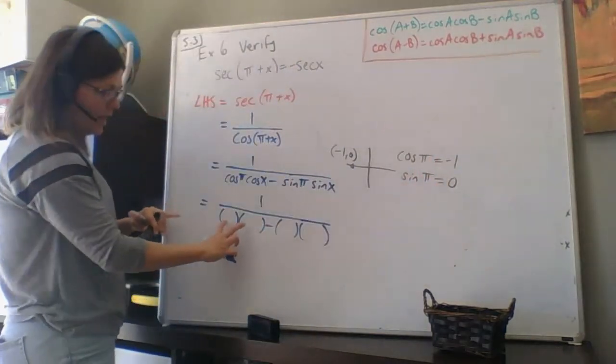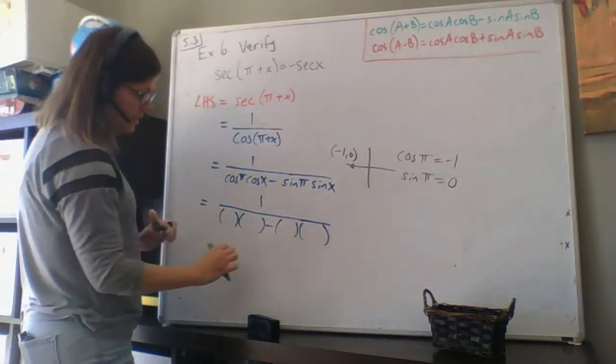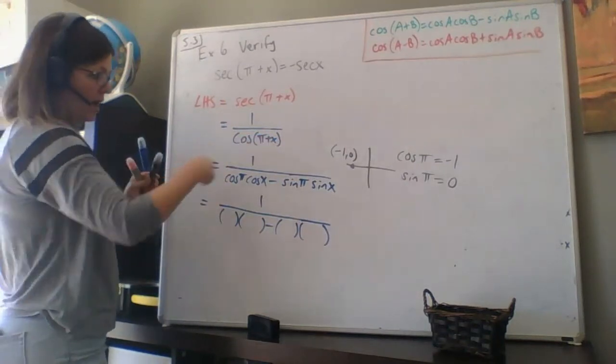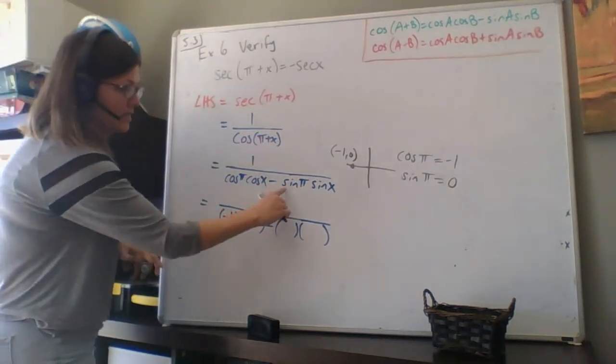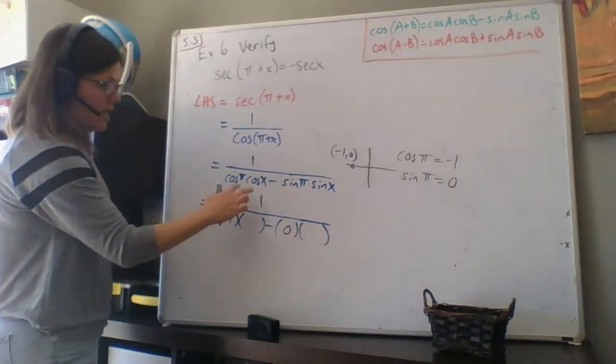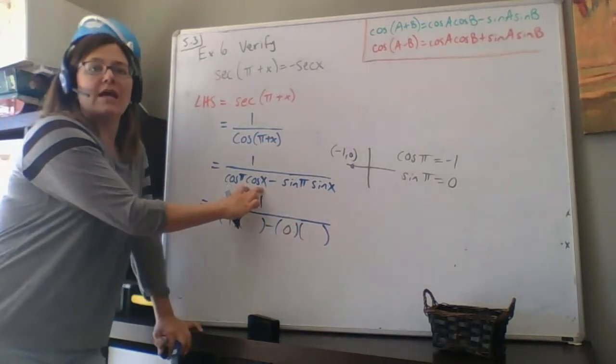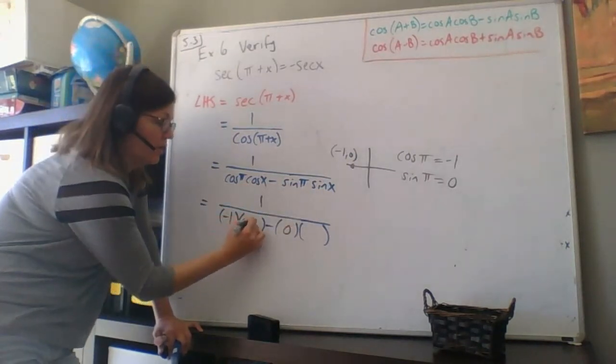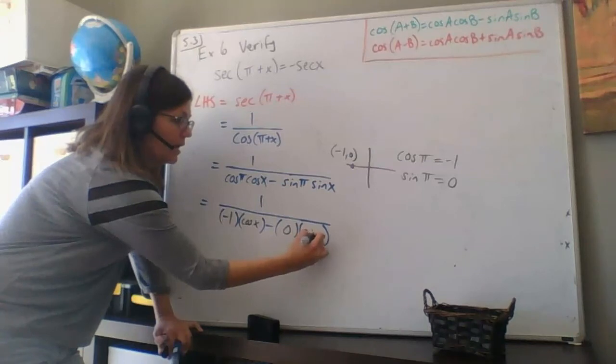I like to write out the four quantities. Cosine of pi is -1 and sine of pi is 0. Because we do not know what x is, we don't know what cosine or sine of x is, so we just put cosine x, sine x.